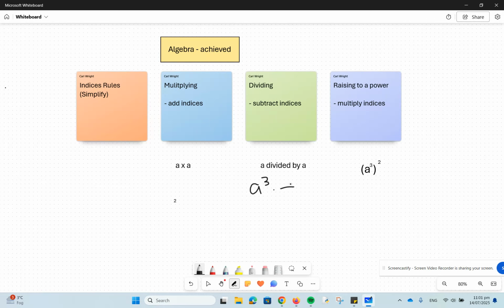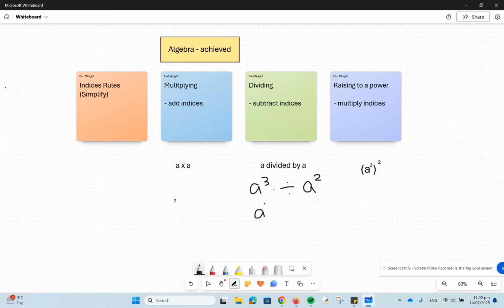Divide sometimes looks like this, sometimes looks like that, but I'll write it like this so you can see it. So if we do it like this, we have a rule, and the rule is when you're dividing, you subtract the indices. So this would be the same as writing this.